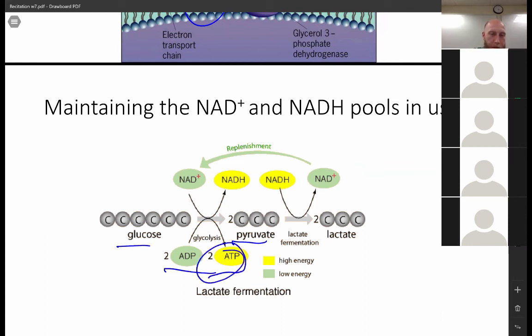Because if you're doing fermentation, you're doing anaerobic respiration, so no oxygen is involved, and so you're not going to the mitochondria. And because you're not going to the mitochondria, you still need to maintain a level of ATP in case you need to run away from a bear or something.